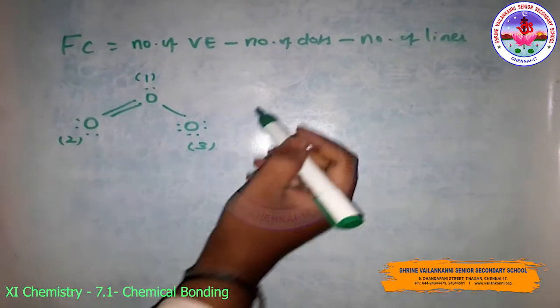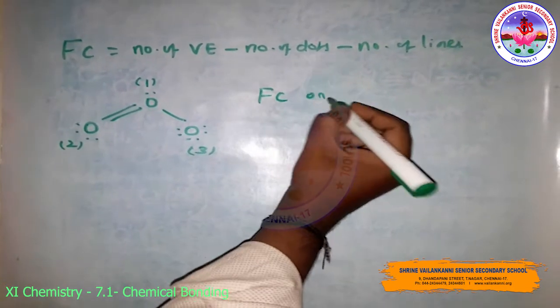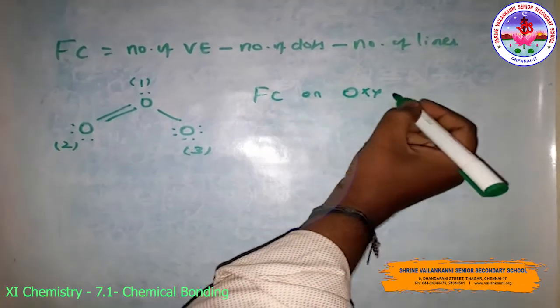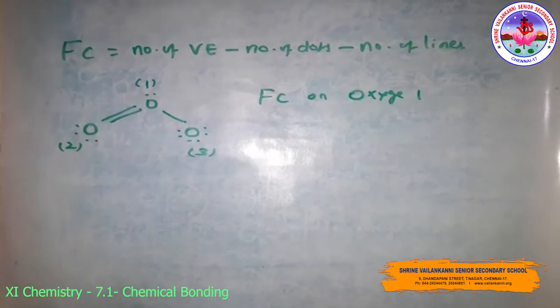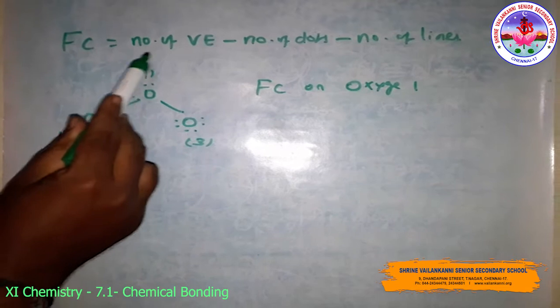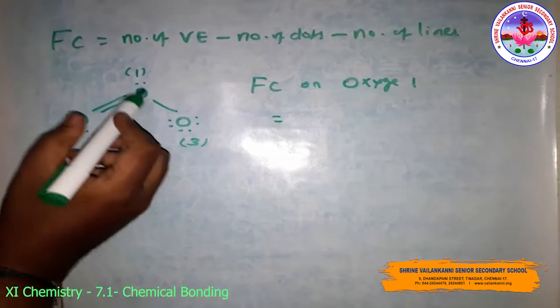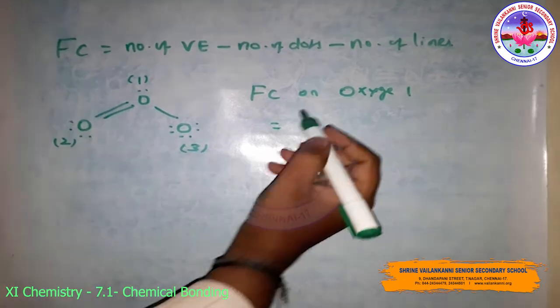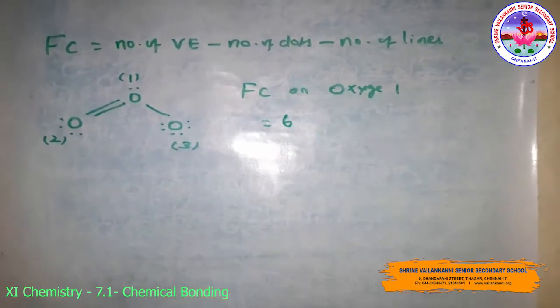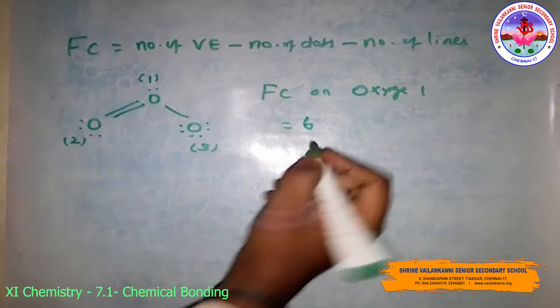Take the first oxygen, the formal charge on oxygen 1. Oxygen belongs to group 6, so the valence electrons are 6.